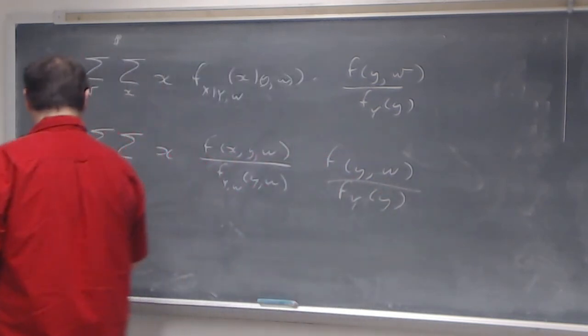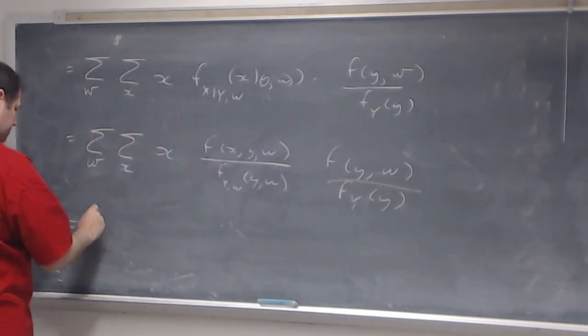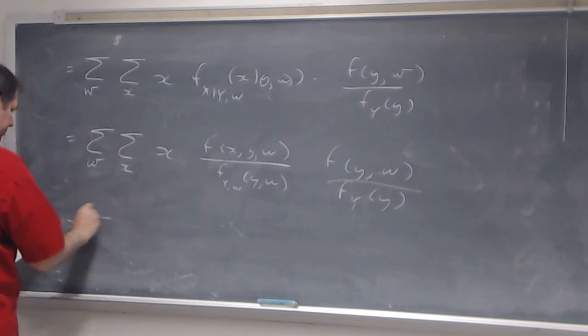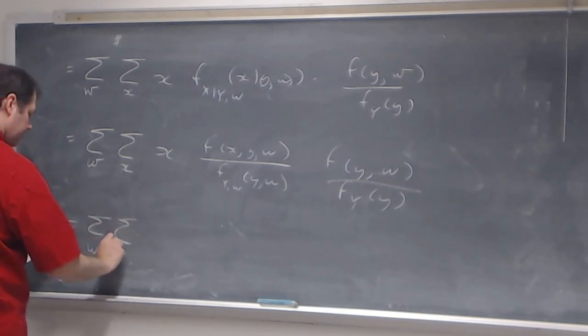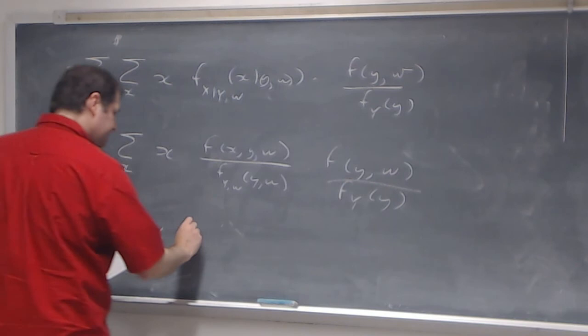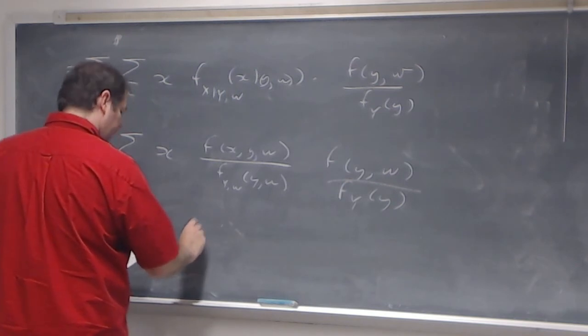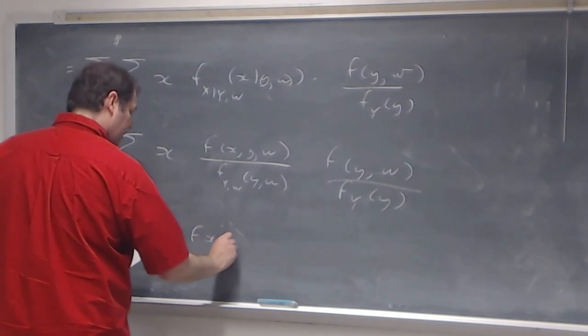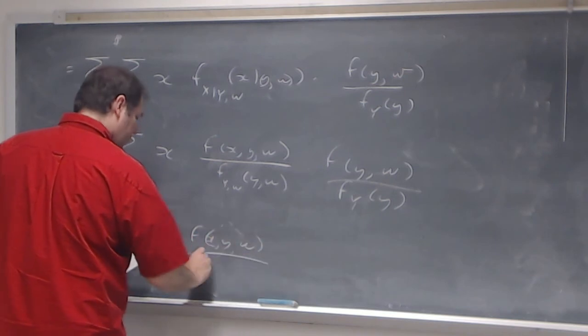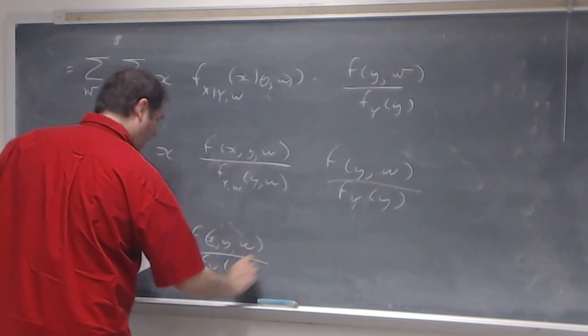That's what we get. There are cancellations that will occur, so let's do that. Here I have f of x, comma y, comma w, over f sub y, y.